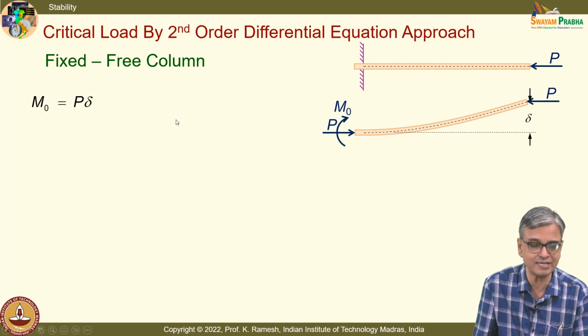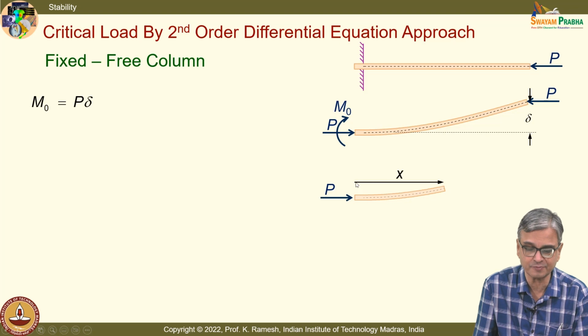So, you have to write the equation when you have this deflected shape. Because of the deflection, this compressive load causes a bending moment P delta. If you take an arbitrary section at a distance x, which is measured from the fixed end, you have this as V and this as bending moment M, and M naught is P delta.